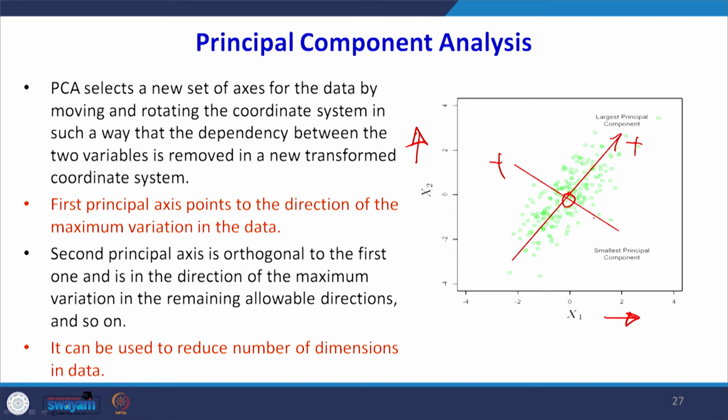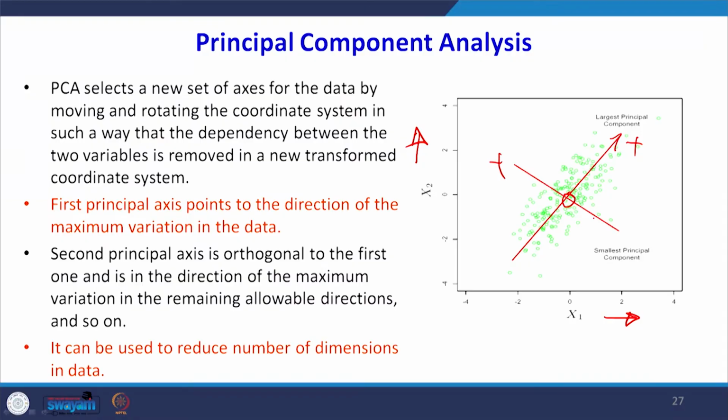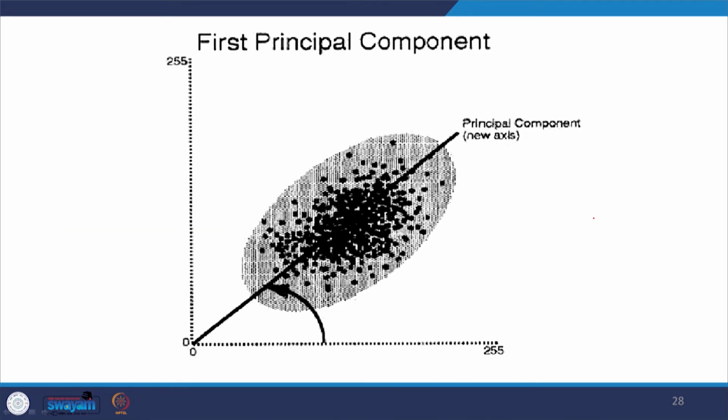If I consider these new axes, the entire data set is now uncorrelated. These two data sets along the new axes are orthogonal to each other. The one along the x-axis I will call PC1, the one along the y-axis PC2, perpendicular to that PC3, and so on. If I take PC1, PC2 and PC3, it is very useful to me.